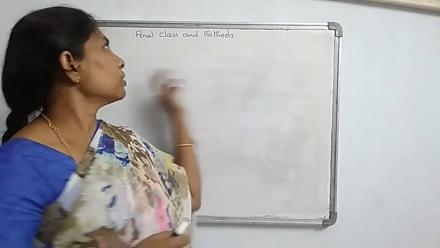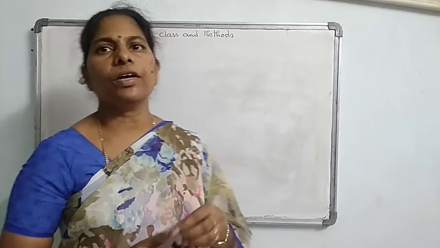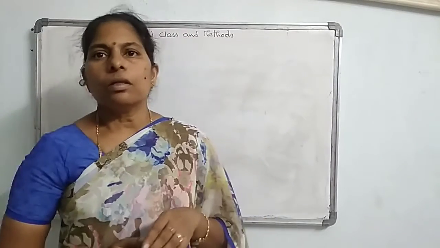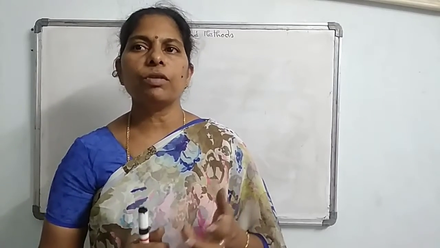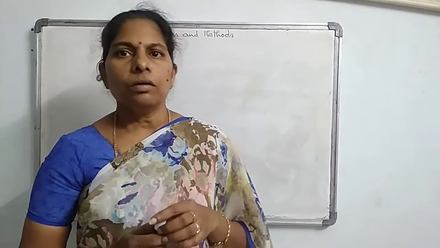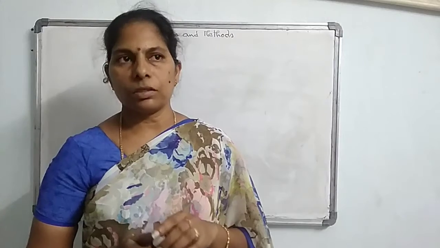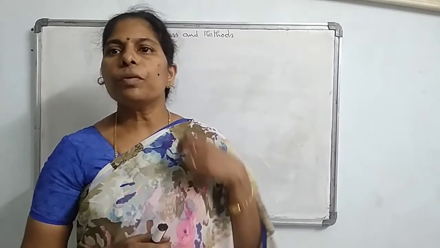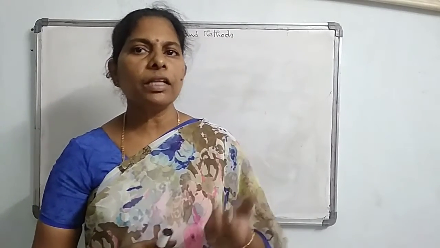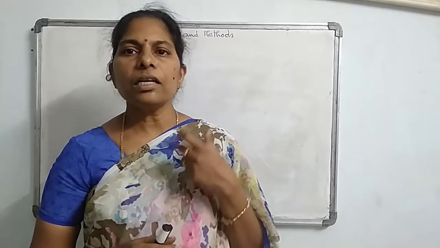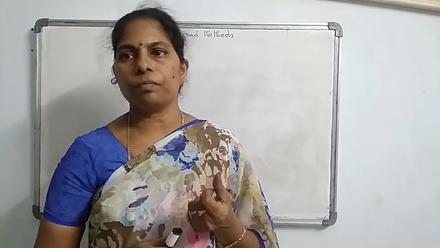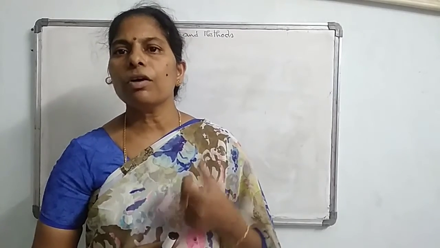Okay, now we will discuss the final class and the final methods. All the methods and variables can be overridden by default in subclasses. To prevent the subclass from overriding the members of the superclass, we can declare them as final. That means you must use the keyword final.